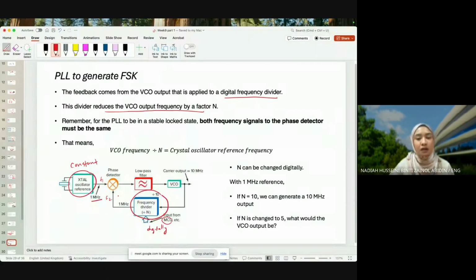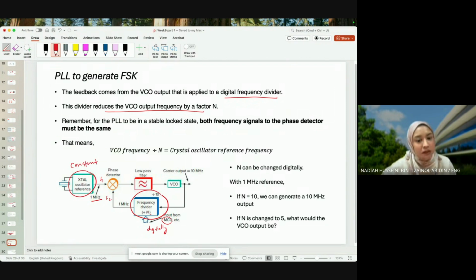From this block diagram, the phase detector will produce a phase difference, and the phase difference is going to produce a voltage after the low pass filter. The voltage will control the VCO. The VCO will produce a frequency, and that frequency will be fed into the frequency divider.